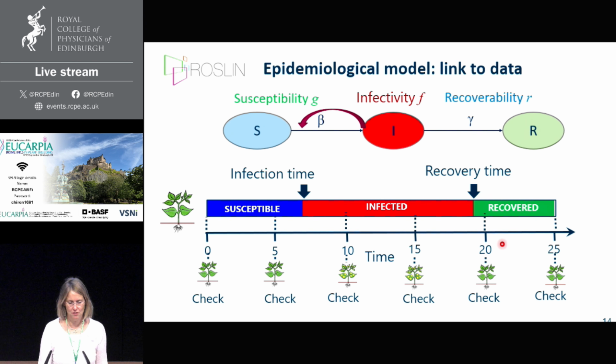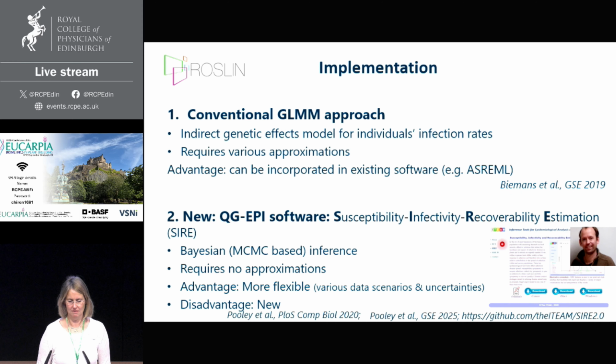So how do we now get genetic parameters for our three host traits, susceptibility, infectivity, recoverability? There are two approaches. One is to use the tools we have and see, can we fit that into the toolbox we have? So can we fit that into the generalized linear mixed model framework? The group in Wageningen has demonstrated that it's quite possible.